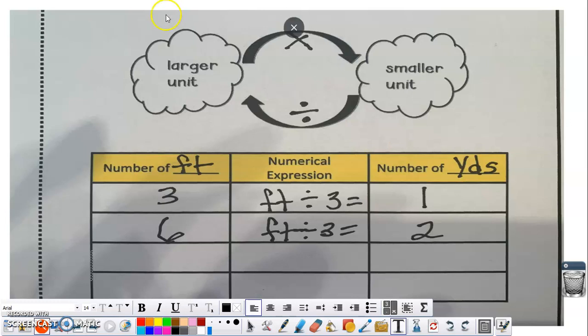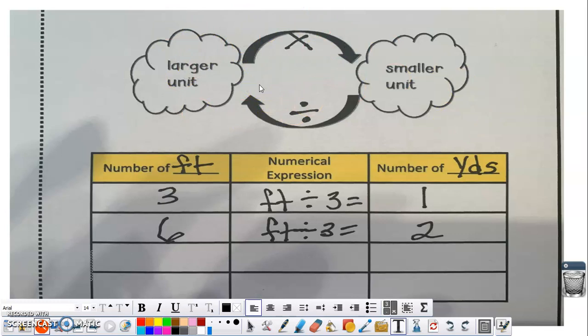If you are going from a larger unit to a smaller unit, like feet are bigger than inches, feet big to inches small, then I'm going to multiply to get that answer. If I'm going from a smaller unit to a larger unit, like feet, which are smaller than yards, then I'm going to divide, okay? That's something you need to remember, but it's going to be on this note taker.